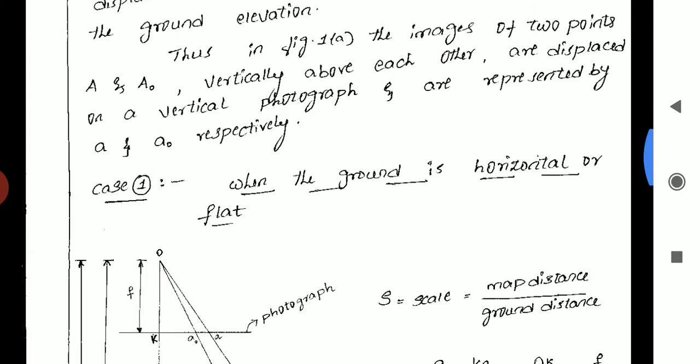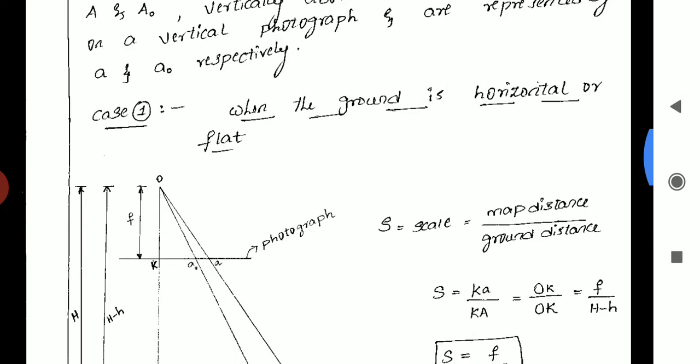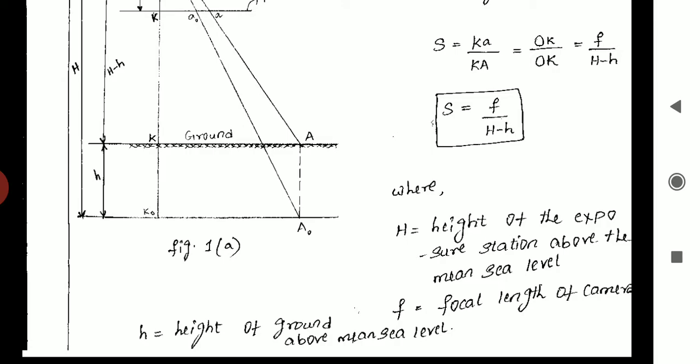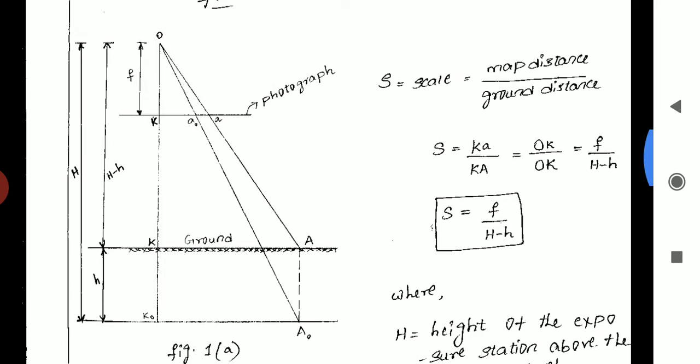The first one is when the ground is horizontal or flat. See here, compared to figure 1a, in this case K naught A naught is the datum, and KA is the ground, and it is horizontal.